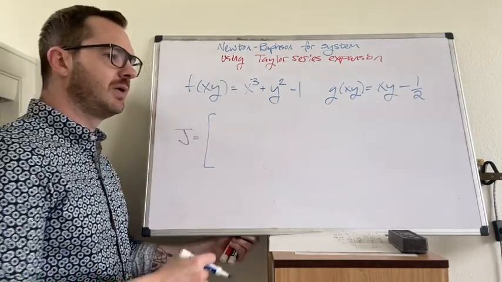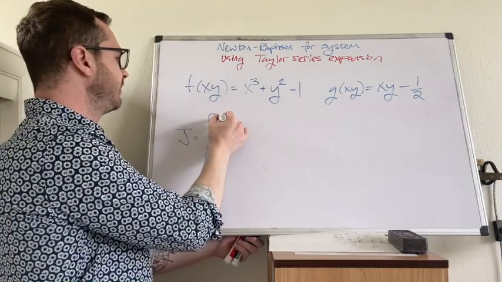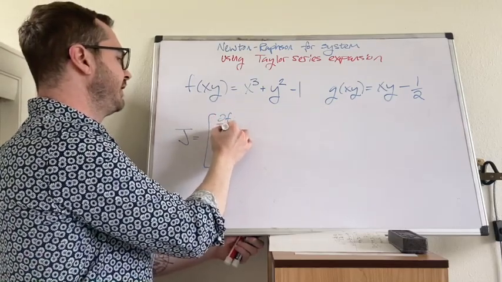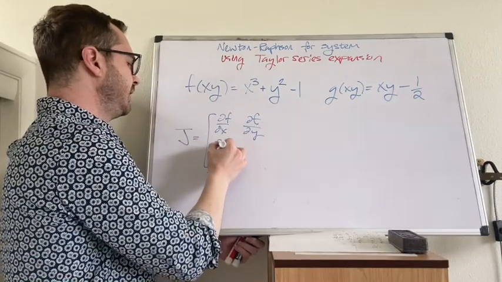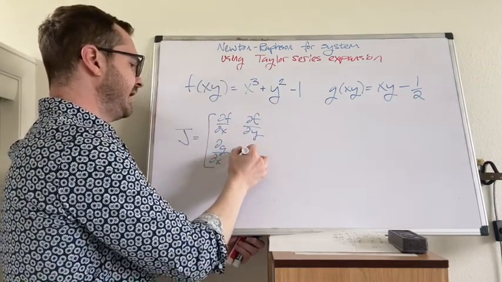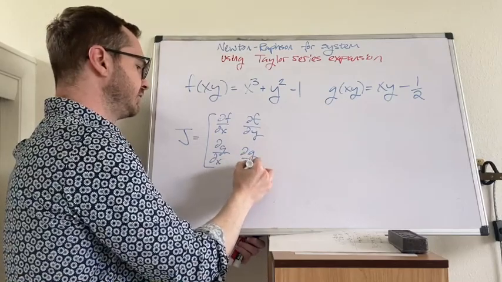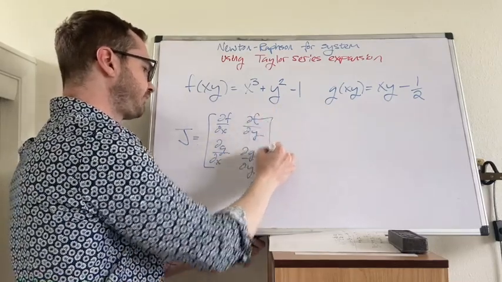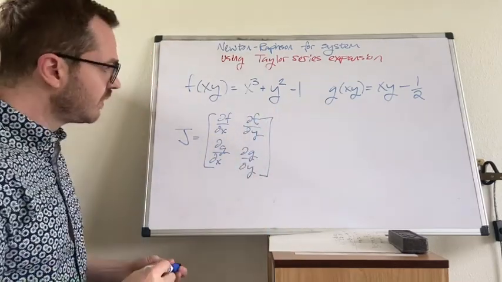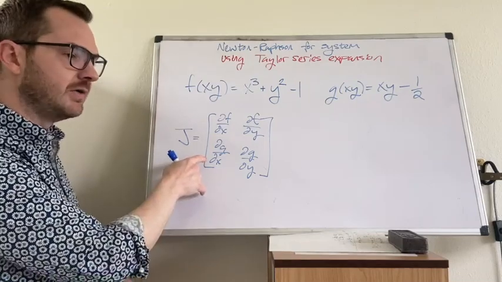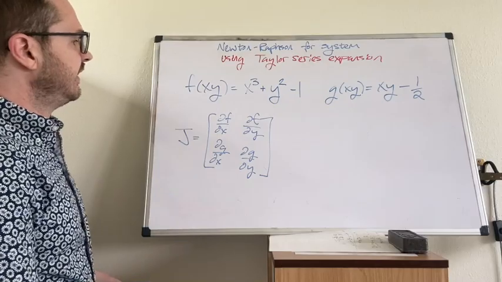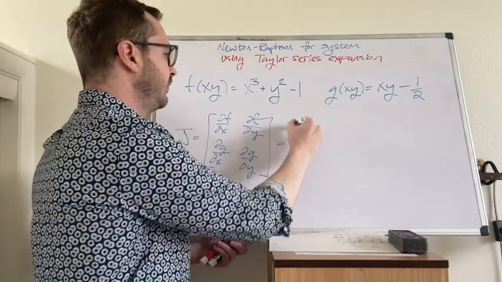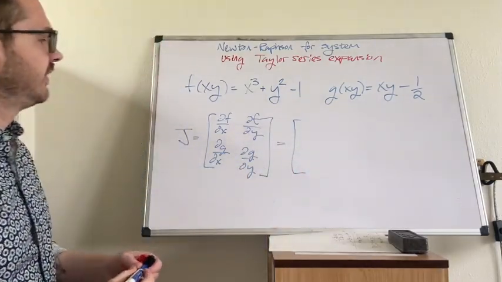We said this Jacobian matrix is partial derivatives. So partial f, partial x, partial f, partial y, partial g, partial x, and then partial g, partial y. This symbol that I'm using, by the way, if you haven't seen this before, it's like a cursive D. So, what are these partial derivatives?